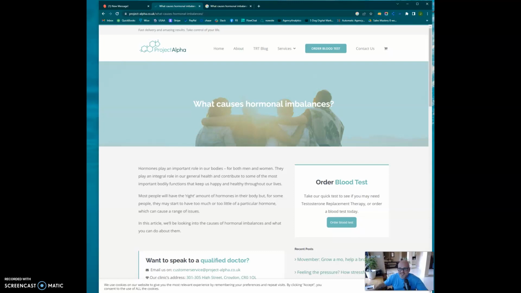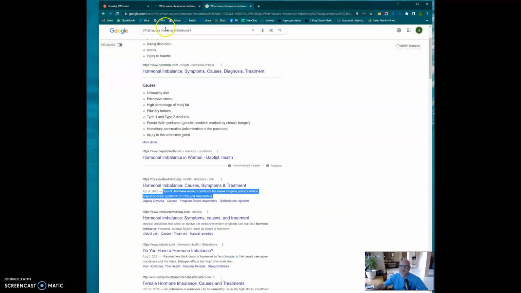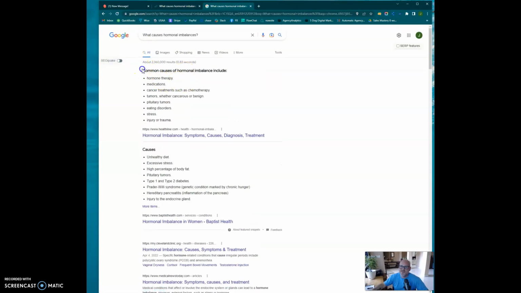So not to belabor that point too much, but point 2, publish content consistently. This helps for many reasons. Google loves it when people are posting content because their whole business model is to offer local, search relevant results to customer inquiries or user inquiries. So if someone's typing in what causes hormone imbalance and you have basically answered that question directly, you could probably score yourself not only better ranking for that particular blog post that'll link them back to your website, you can get what's called a featured snippet right here at the top.